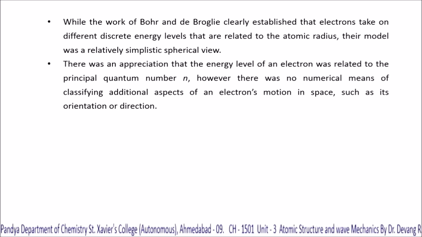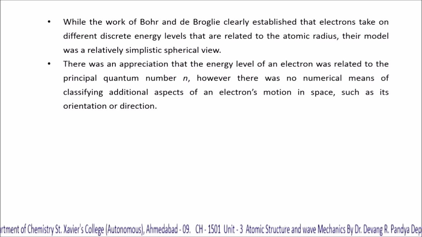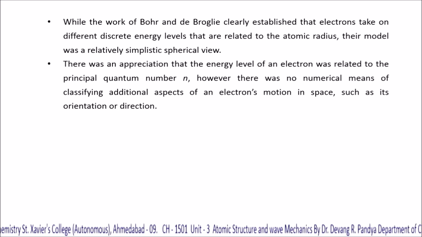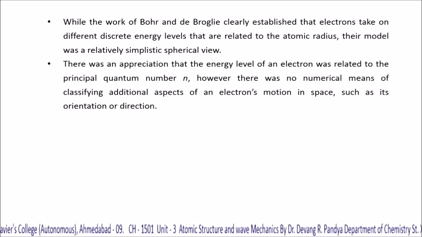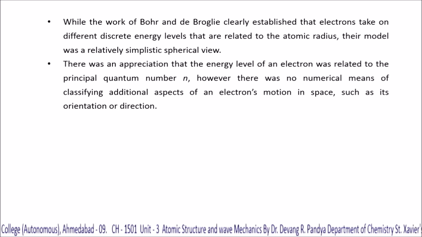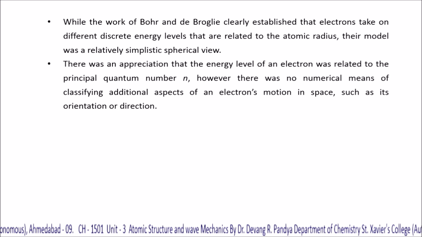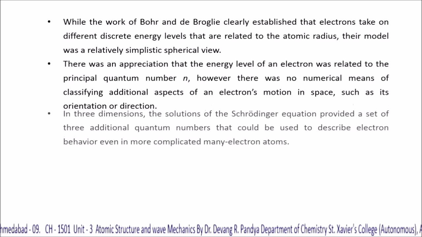There was an appreciation that the energy level of an electron was related to the principal quantum number n. However, there was no numerical means of classifying additional aspects of an electron's motion in space, such as its orientation or direction.